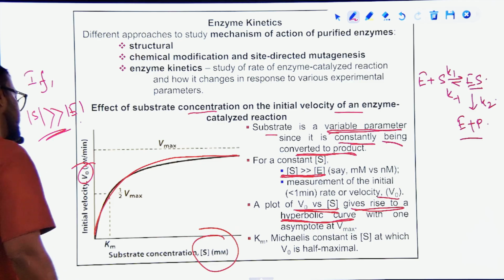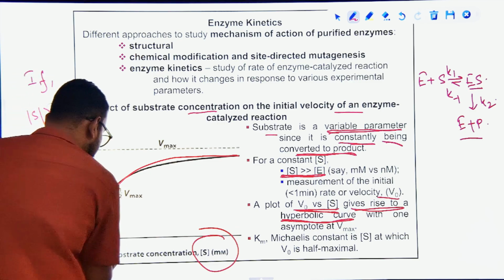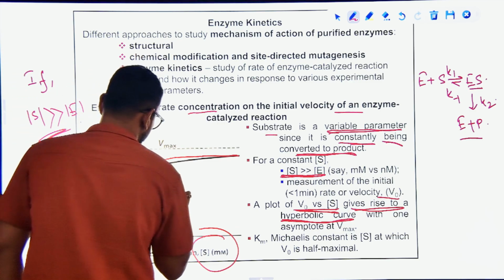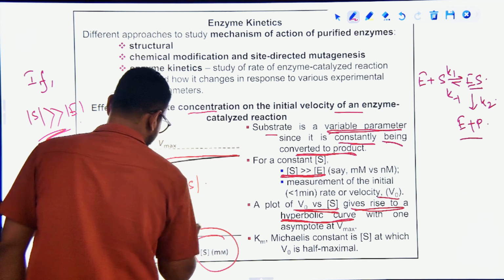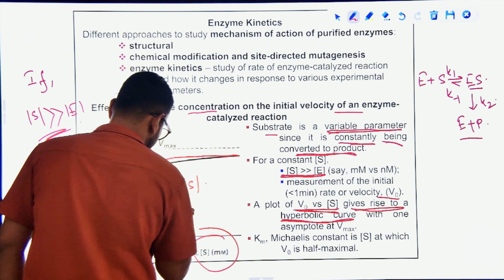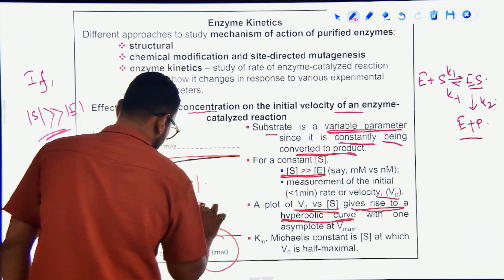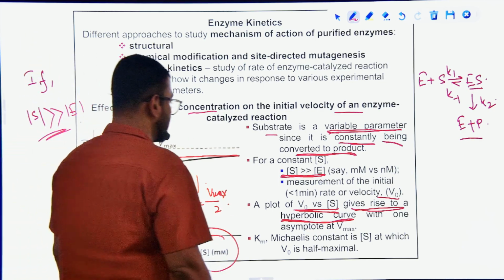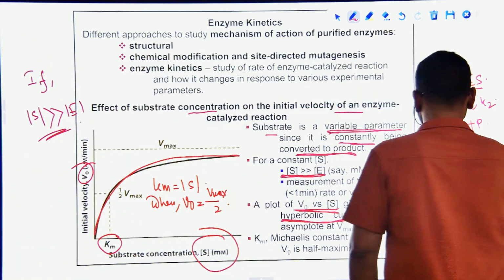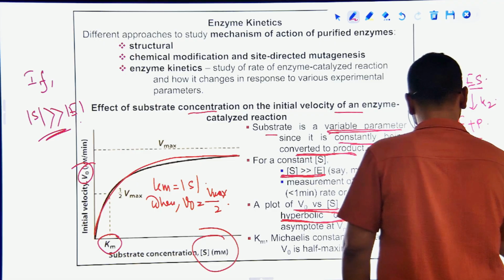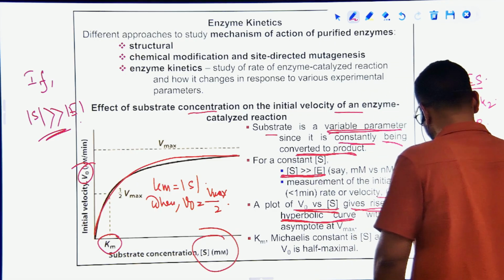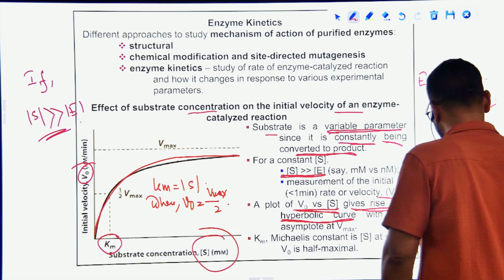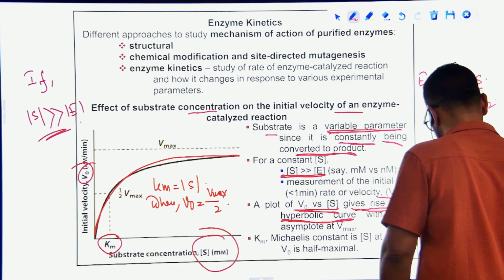And what is Km? Km should be considered as the substrate concentration when V naught equals Vmax by 2. According to the typical Michaelis-Menten equation, V naught equals Vmax times substrate concentration divided by substrate concentration plus Km.